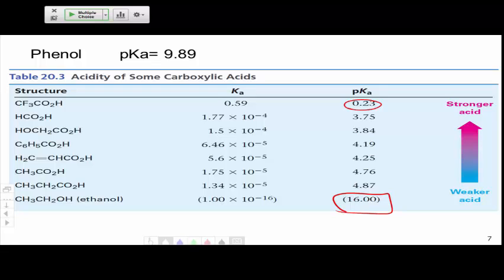So definitely alcohols are much less acidic than all the other carboxylic acids. Now, as you can see also, if I compare the pKa of phenol to ethanol, there is a big difference. Let's see more examples and see how you're going to handle them.